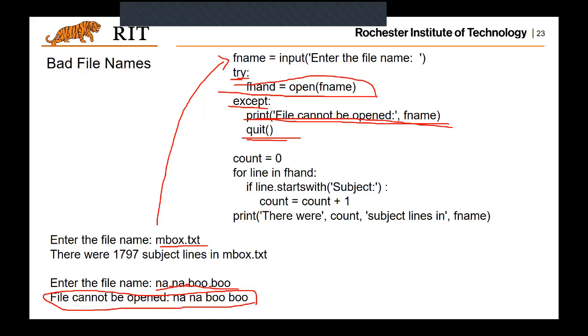Otherwise, these lines of code are not executed, which means you have successfully opened the file and you have the file handle fhand, right? Then you could do some statistics by looping through the file handle and checking how many lines start with "Subject:", and then you have your statistic obtained here.